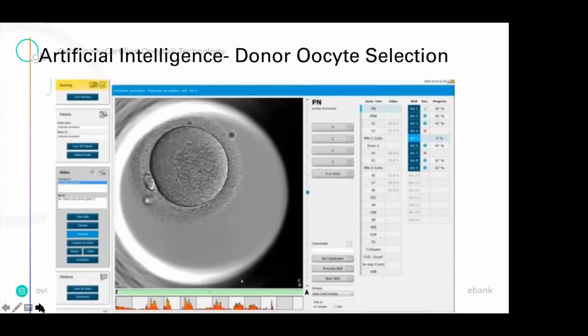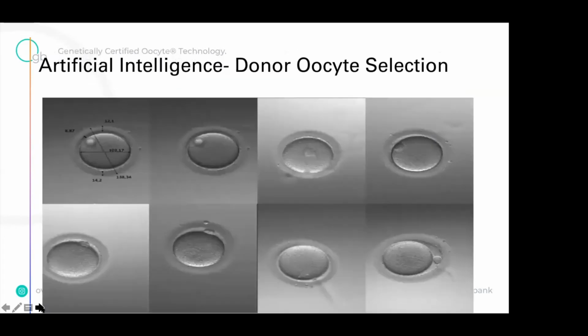Actually we are following a totally different way than other egg banks. We are not just using a witness: many clinics use only a human witness, but most clinics are starting to use an electronic witness, which is more trustable, because the technology controls the process better than the human factor. We are targeting the same way for artificial intelligence.